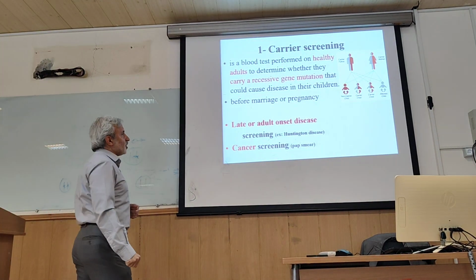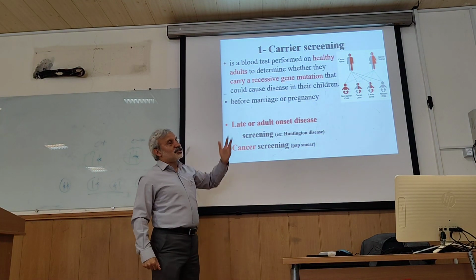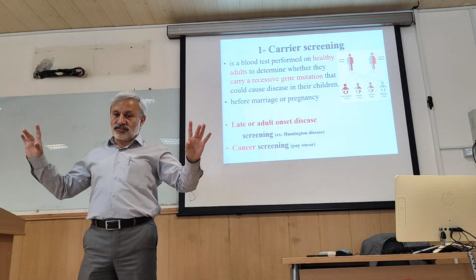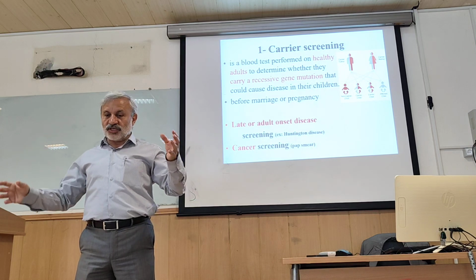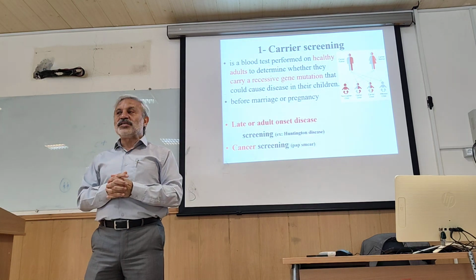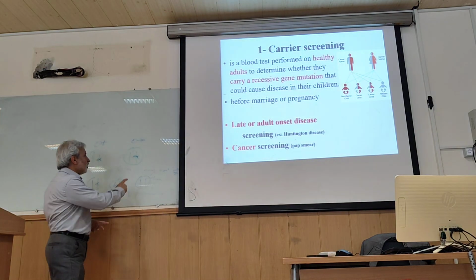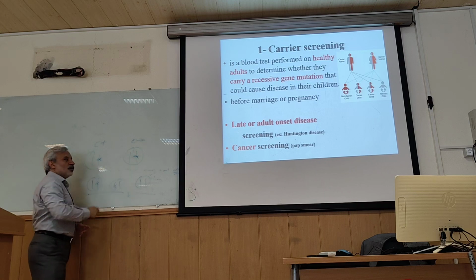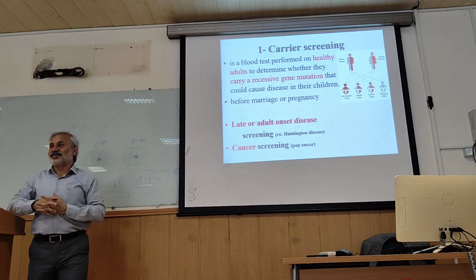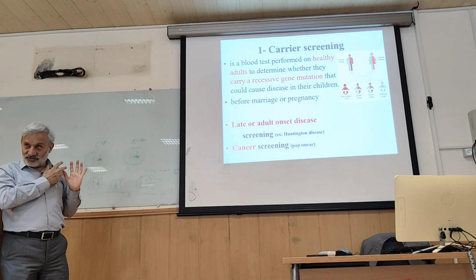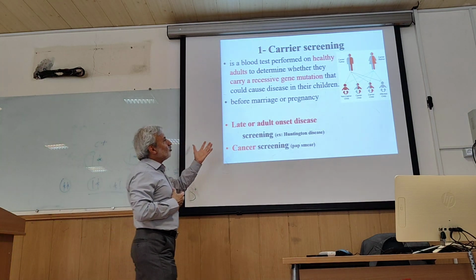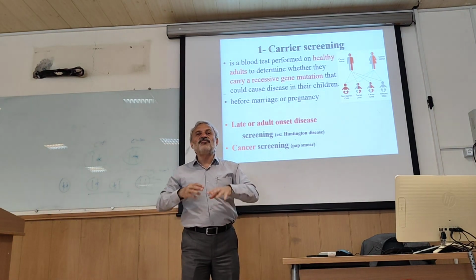So in this situation, we need to test and check whether these two persons who want to marry suffer from or carry a mutation or not. What's the name of this test? Carrier screening. You understand? Was it difficult? No, it's very, very clear. What is it useful for, especially for our countries?